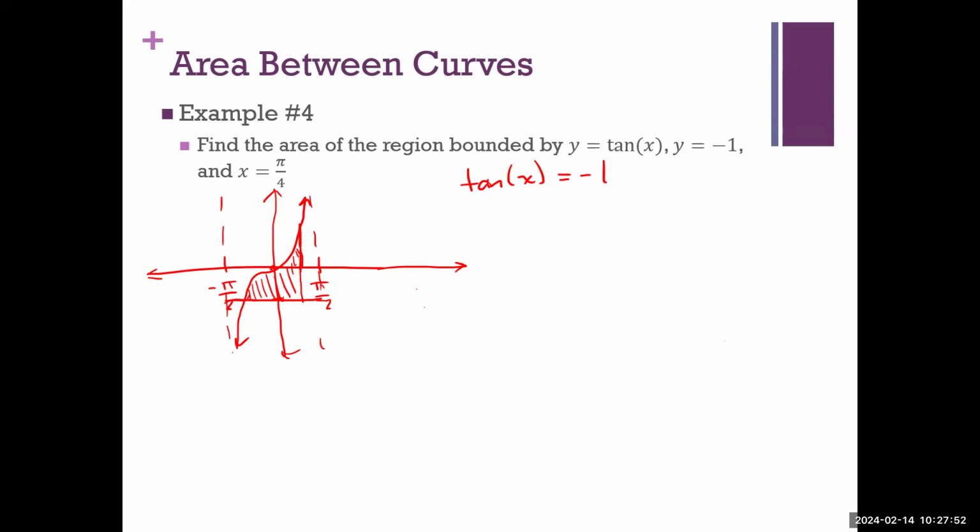I don't have a good idea what the lower bound will be yet. So I think setting these equations equal to each other is a good move. What is the inverse tangent of -1? Should be negative pi over 4. So that should tell us our other bound, right? So I know I want to set up an integral from negative pi over 4 to positive pi over 4 of what?